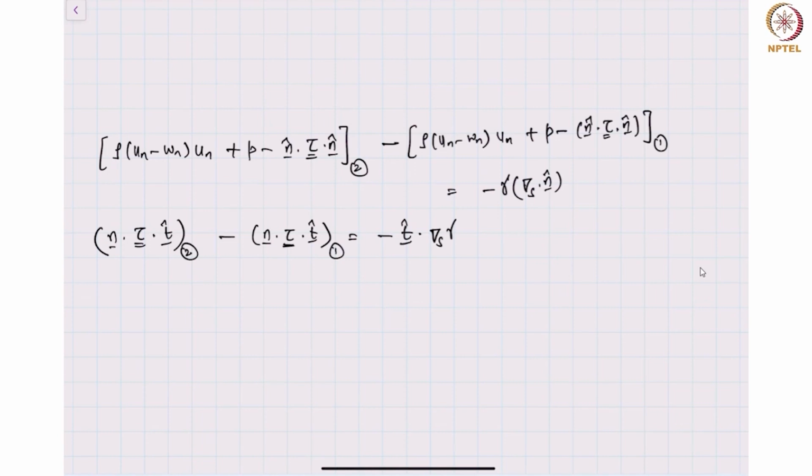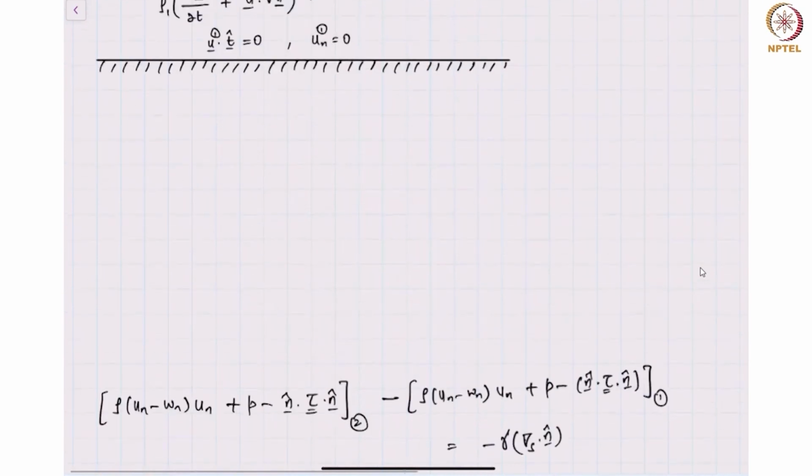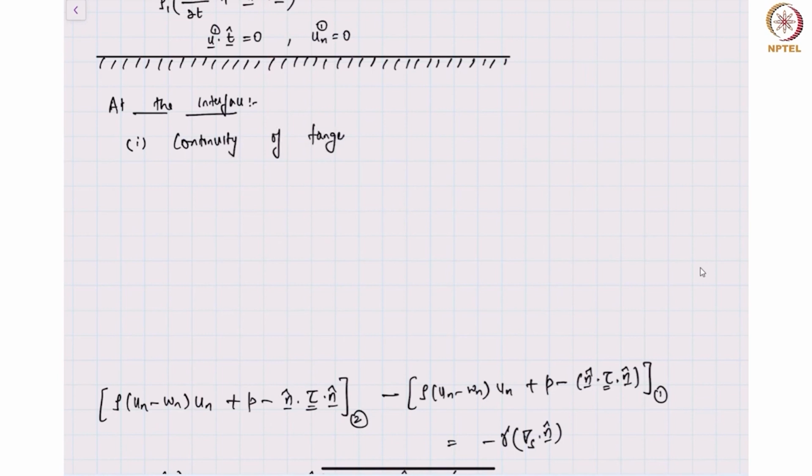In addition, you will need a few more conditions, such as continuity of velocity at the interface. At the interface, the first one is continuity of tangential velocity.